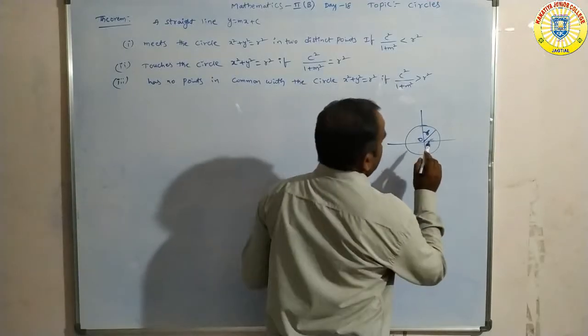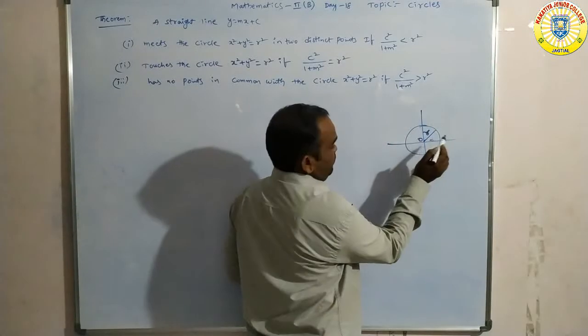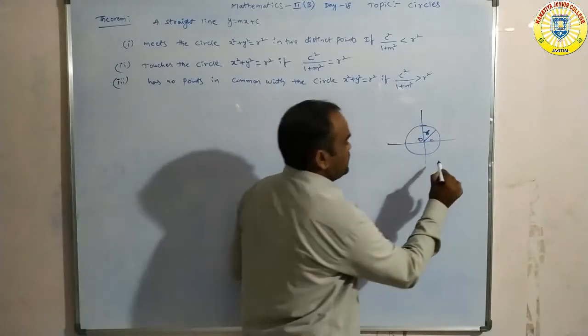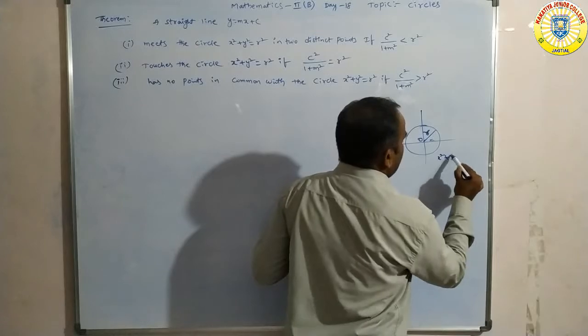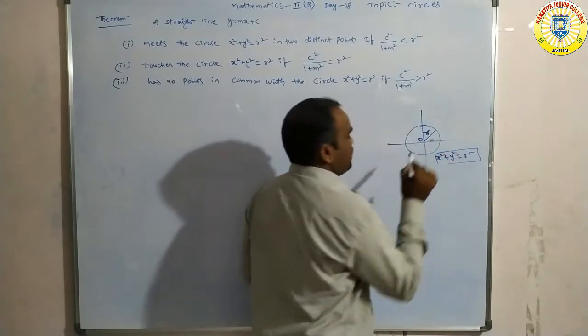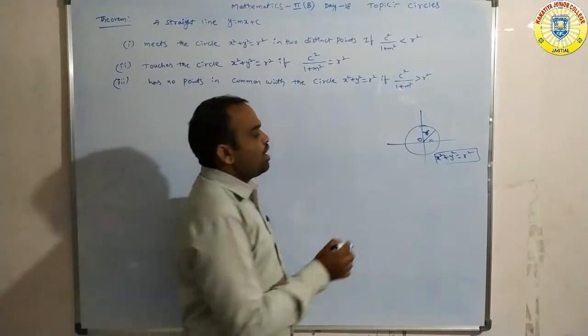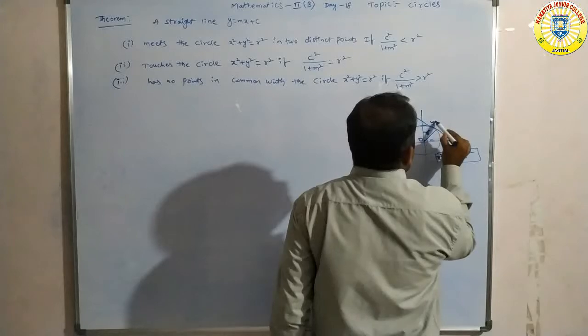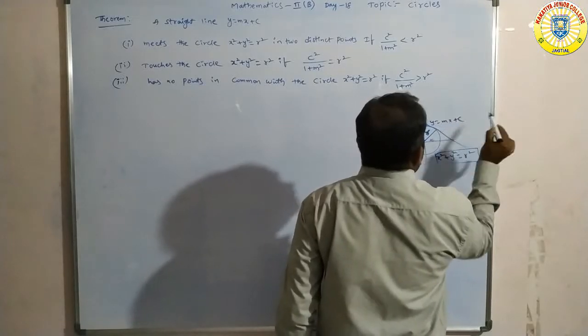See here, this is the circle. Here what is the circle, sir? x square plus y square equals r square. Why are we writing x square plus y square equals r square? Center is (0, 0) and radius is r. Suppose a line meets the circle. So y equals mx plus c is the line.